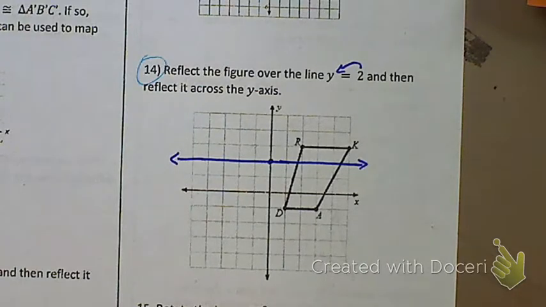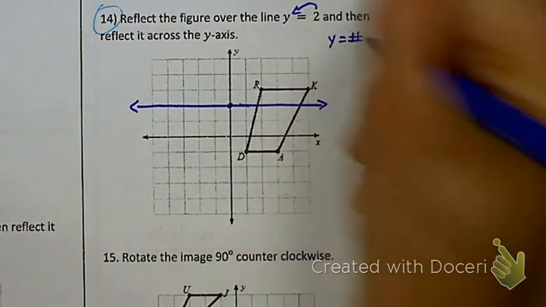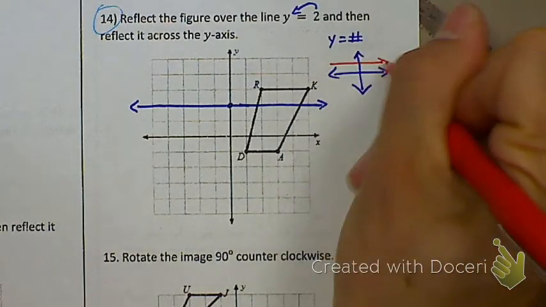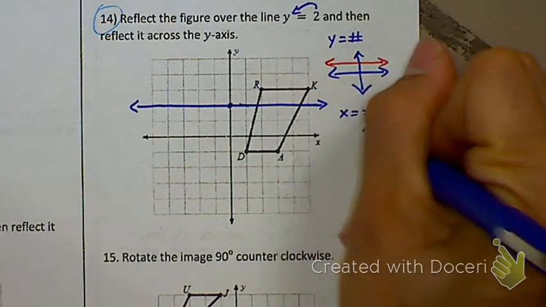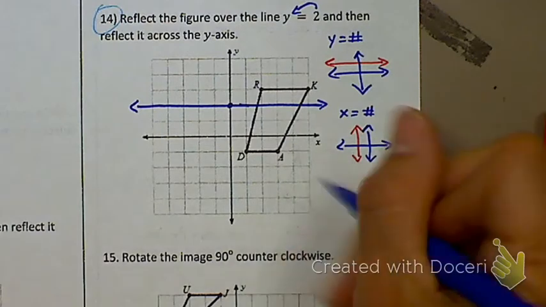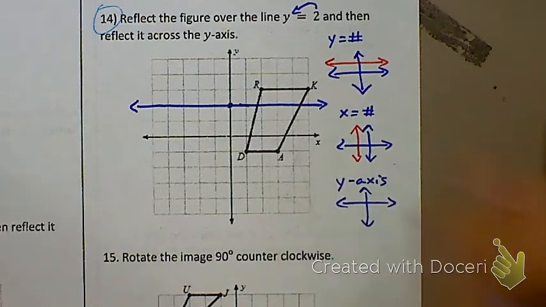So like if y would equal 2, it'd be horizontal. So really quick, I'll draw them all. Y equals a number would be on that number, horizontal. X equals a number will be on that number, vertical. Y-axis. That one there.